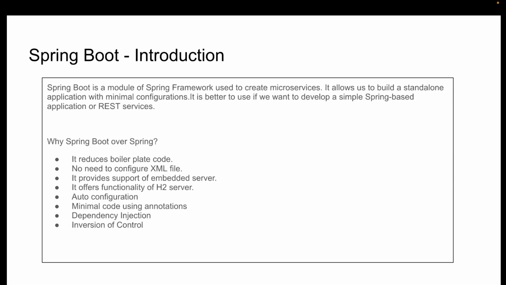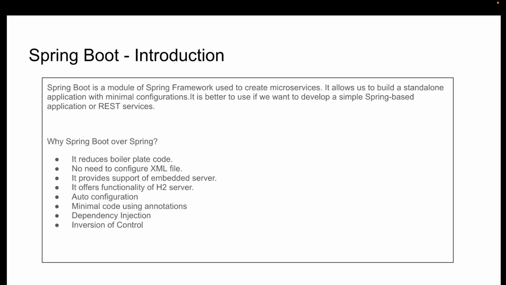So let's go ahead. Spring Boot is a module of the Spring Framework used to create microservices. It allows us to build a standalone application with minimal configurations. Standalone application means an application which can exist independently.